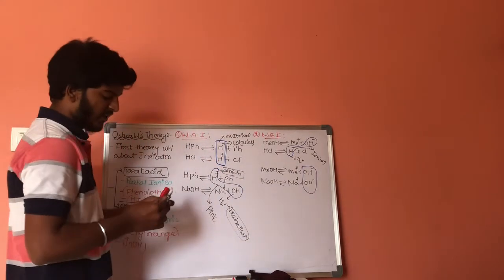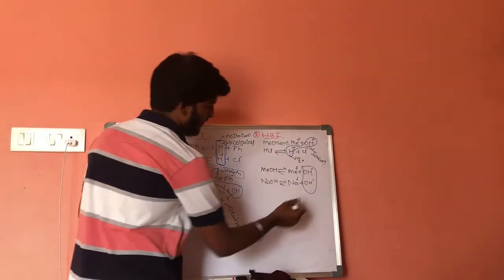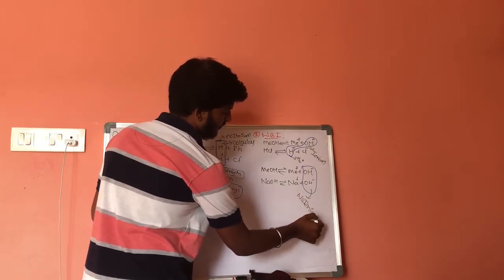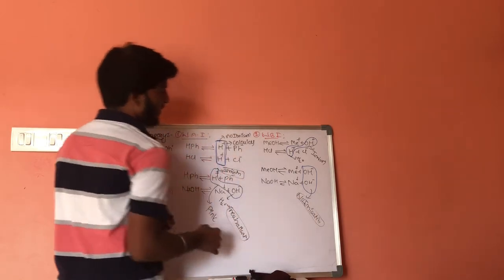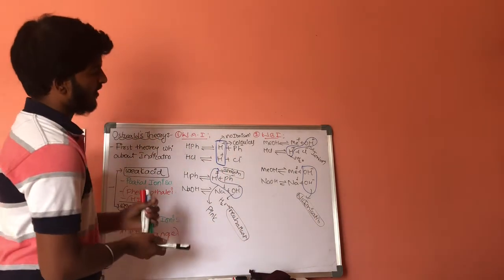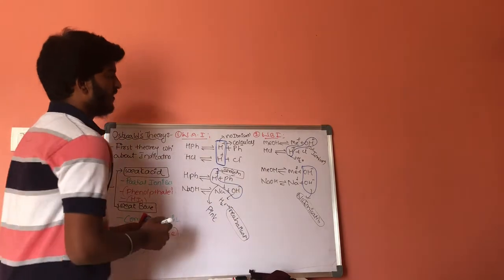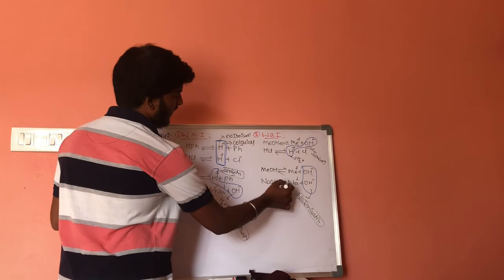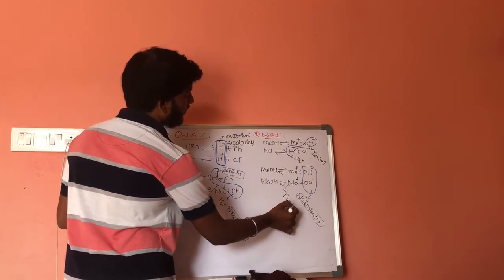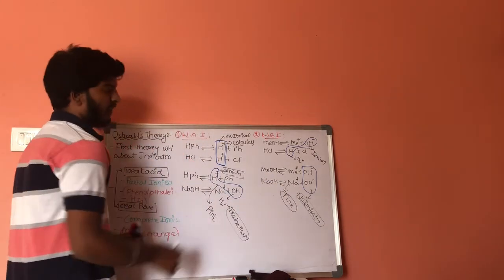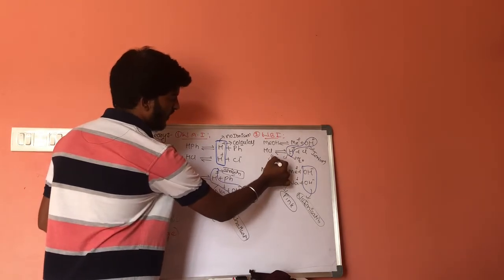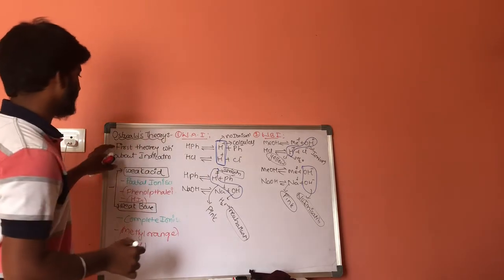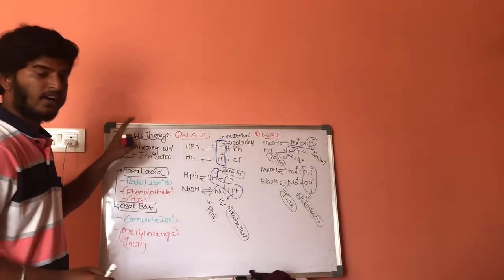If there is a common ion effect, no ionization takes place, and there will be no change of color. Here it gets converted into pink color; normally it is yellow. This is Ostwald's theory, explained by the scientist Ostwald.